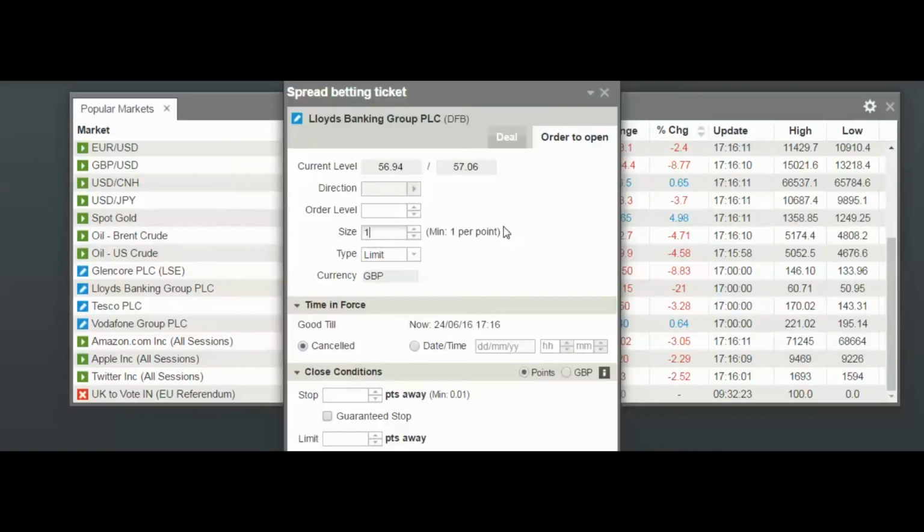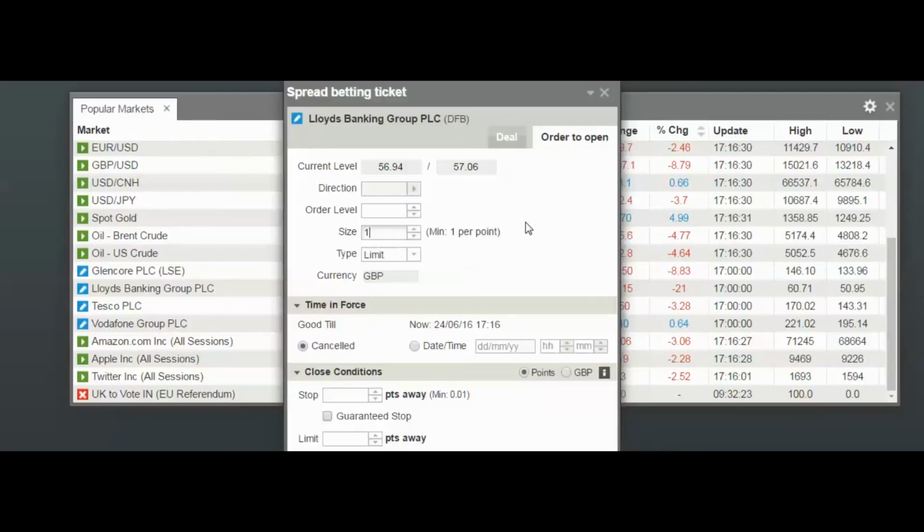Now, if you just did £1 per point and it did rise from 57 pence up to, say, a pound, it would appear on here as 100.00 or 100.06, whatever that is, but you would make £43.